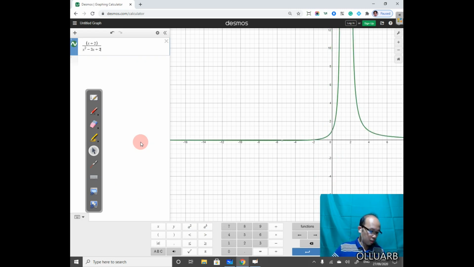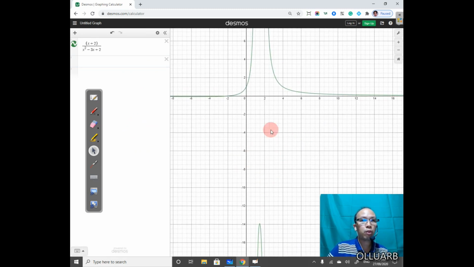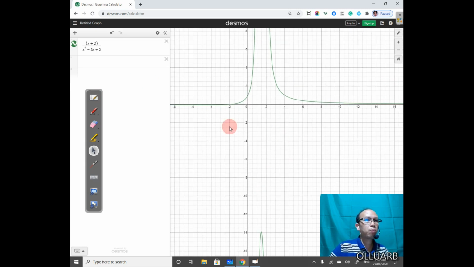Am I right? Enter. As you can see here, just like before, this is our graph. Let's plot the domain, the vertical lines for the values that are excluded in the domain.